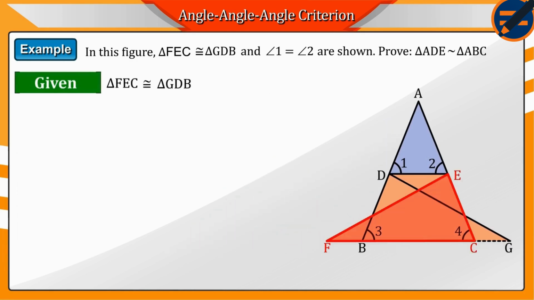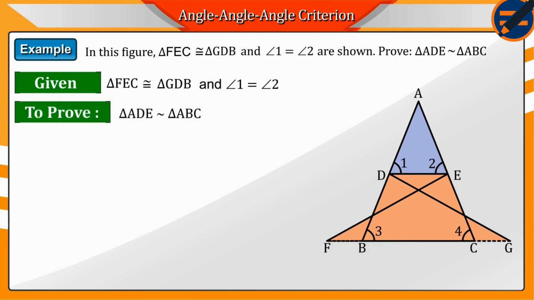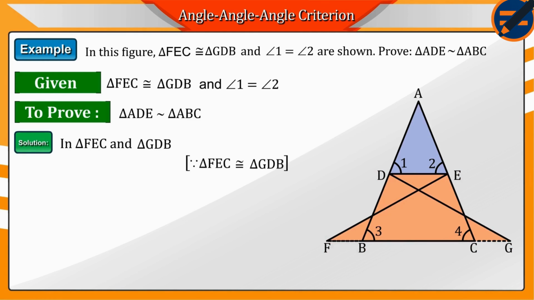From the question, we know that triangles FEC and GDB are congruent and angles 1 and 2 are equal. Because triangles FEC and GDB are congruent, we know that corresponding sides of congruent triangles are equal, by which we get equation 1.